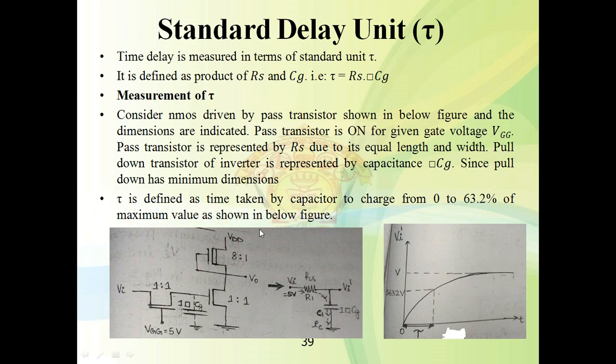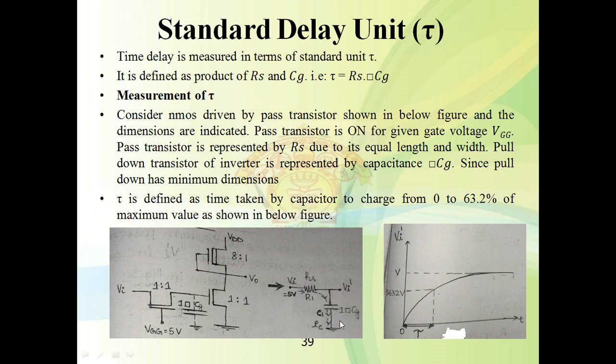Now tau is defined as the time taken by a capacitor to charge from 0 to 63.2% of the maximum value, as shown in the figure. Tau is the time constant required to charge the capacitance from 0 to 0.632 of the applied voltage. This is the equivalent circuit: the resistance of the pass transistor and the capacitance of the input stage of the inverter.